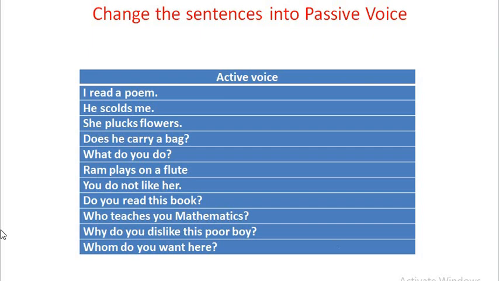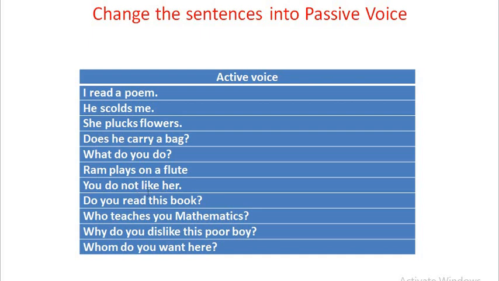By doing this, you will be sure how to write these sentences in different sentence forms also. So you can see these assertive sentences. I read a poem. He scolds me. She plucks flowers. Then you have interrogative questions also. Does he carry a bag? What do you do? Now again you have assertive sentences. Ram plays on a flute.